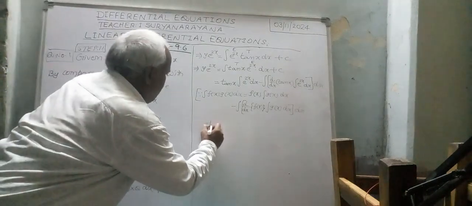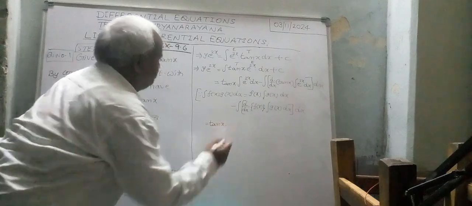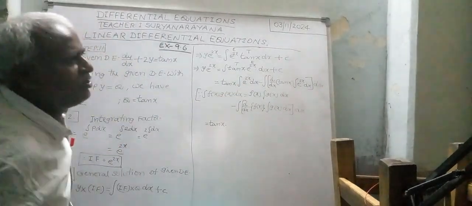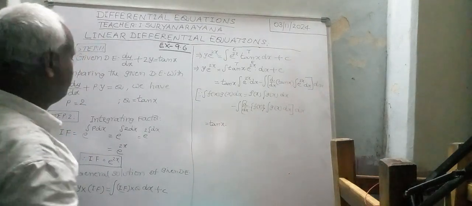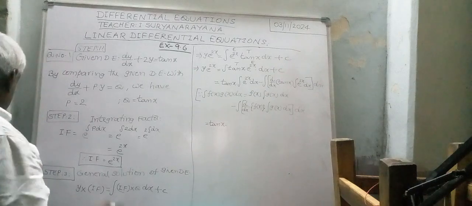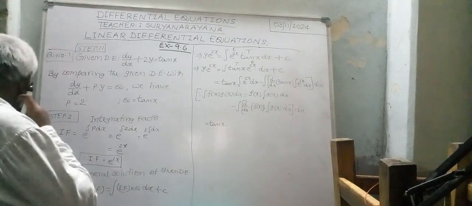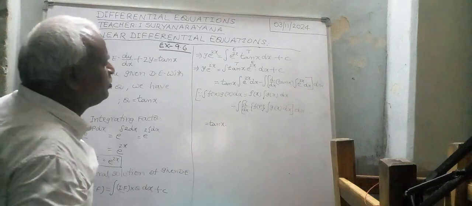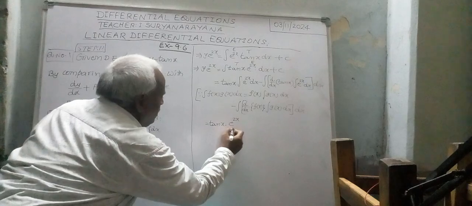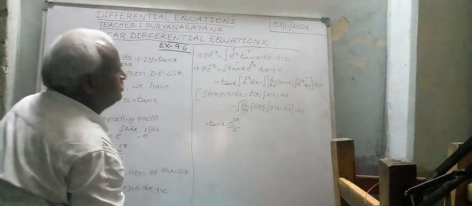That is equal to tan x into integral e power 2x dx. What is the value of integral e power 2x dx? Tell me. E power 2x by 2.